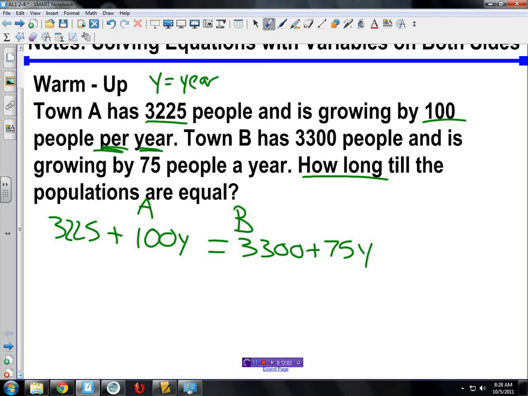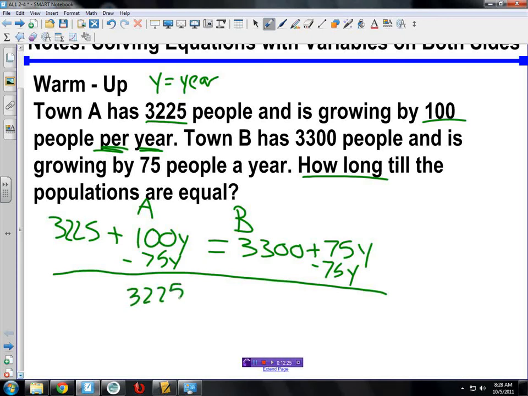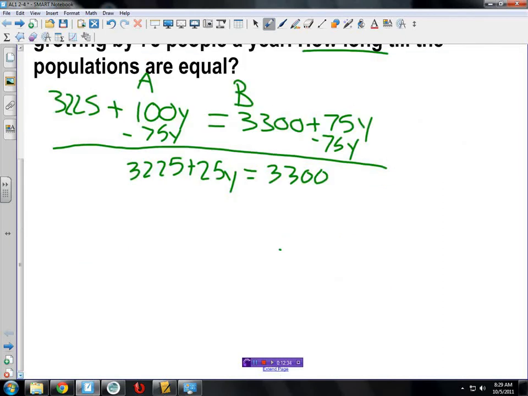Now to solve this, what do we want to do? Minus 75, right? We want to put the variables together. Minus 75y. We get 3225 plus 25y is equal to 3300. All right.